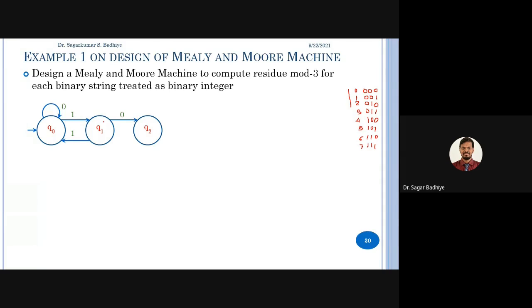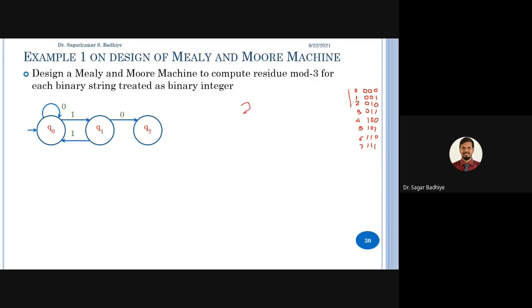But similarly on q1, I can get a 0 input. So to reach q1, I have already read a 1, and if again I get a 0, it will represent the number 2, that is 1, 0. Okay, so for q1 I have read 1, and from here if I get a 0, I should go to a state that will represent remainder 2, because it will produce a number 2, and when 2 is divided by 3, it will produce a remainder 2, right?